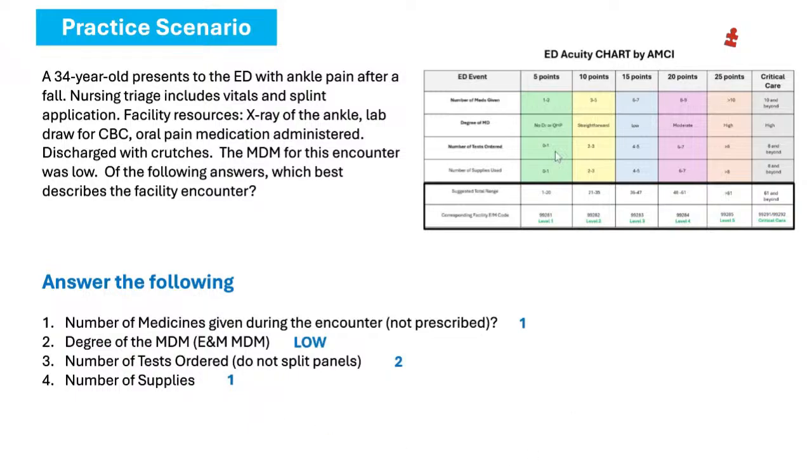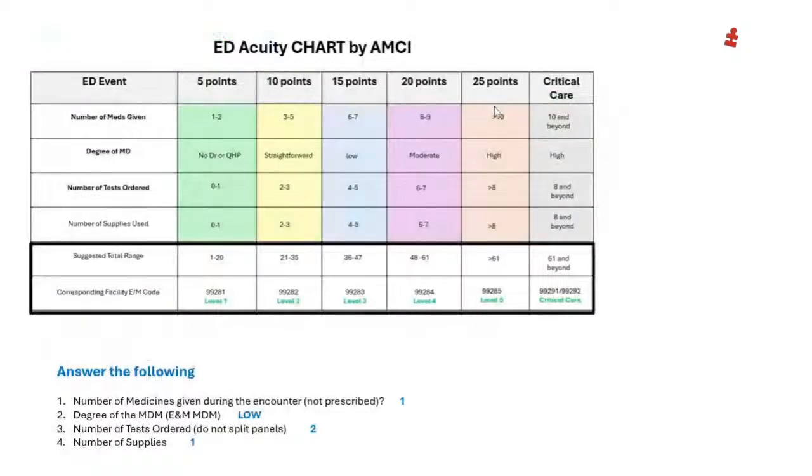That's right, Alex. All right, so now we're going to go to our chart, and I'm going to start with the number of meds given. We said it's one, so one falls right in here. We're going to do it right here so it's bigger. Also, the degree of the MDM is low, so it falls here.